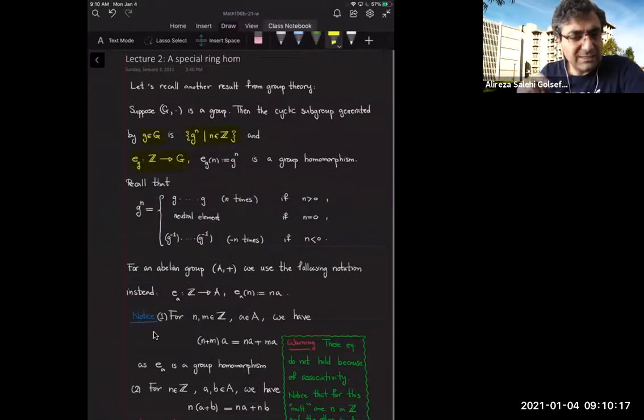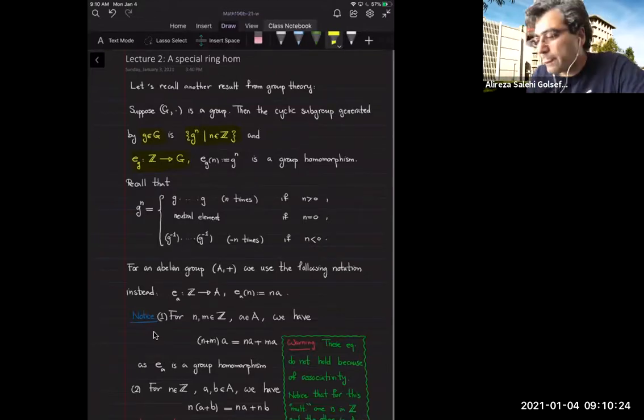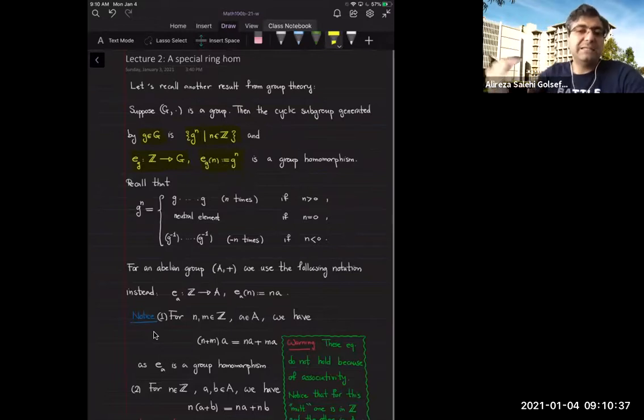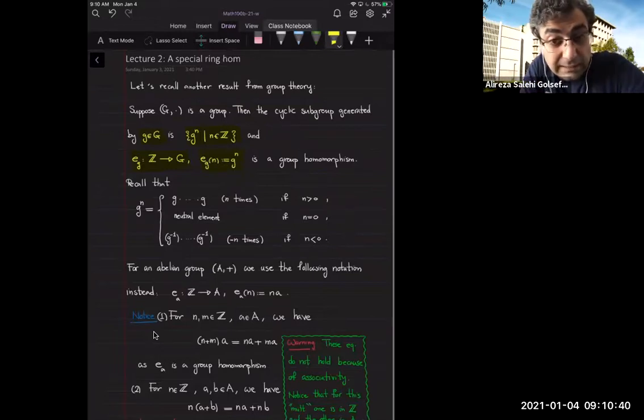I wrote it like E sub G. It is like exponentiating based on G. So it is E sub G of n is just G to power n. And you learn that it is a group homomorphism. And the image of this group homomorphism is precisely the cyclic subgroup generated by the small element G. Okay, so this is what we learned in group theory.